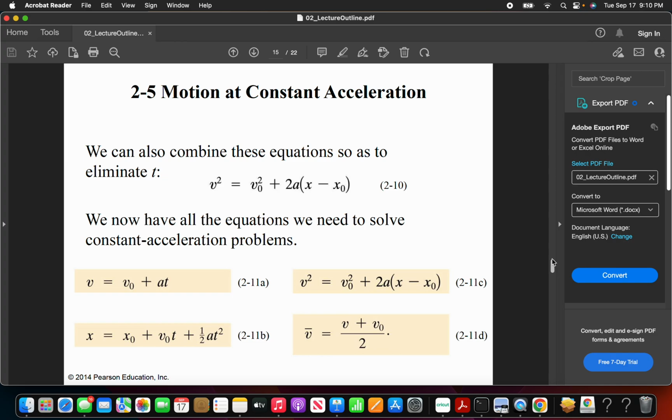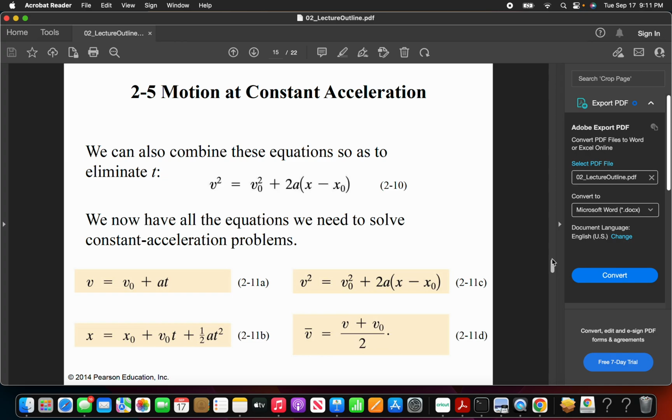And 2-11c, that's called the golden rule. The reason why that equation is useful is because it contains acceleration, A, and it contains the initial and the final speeds.